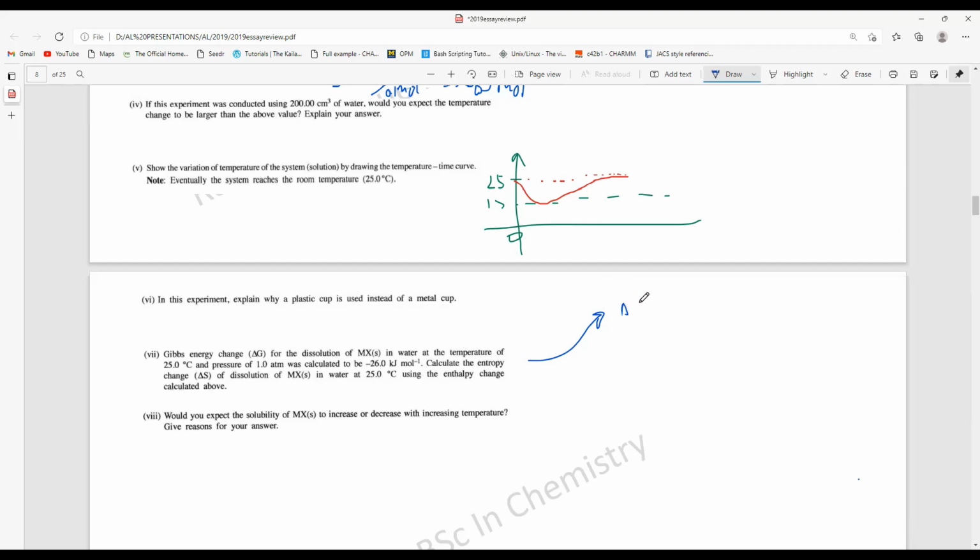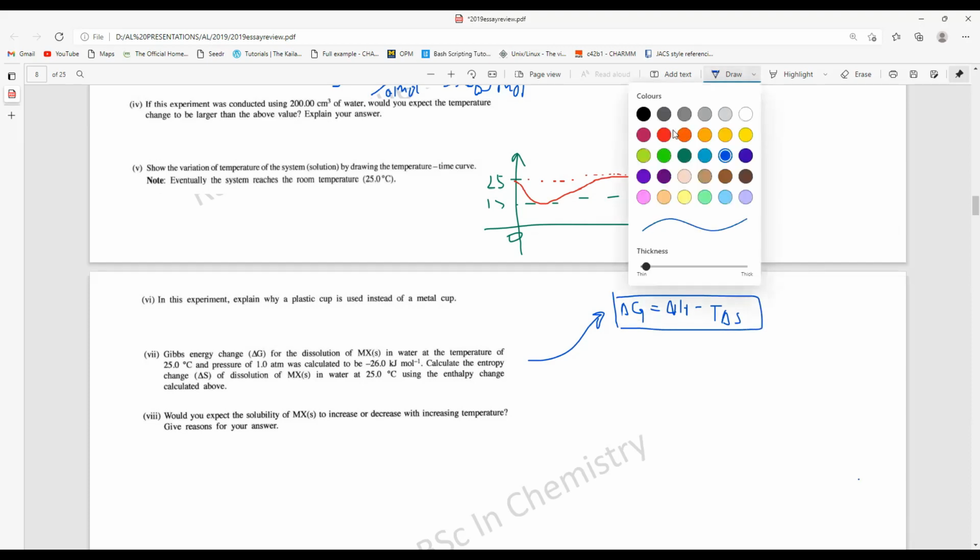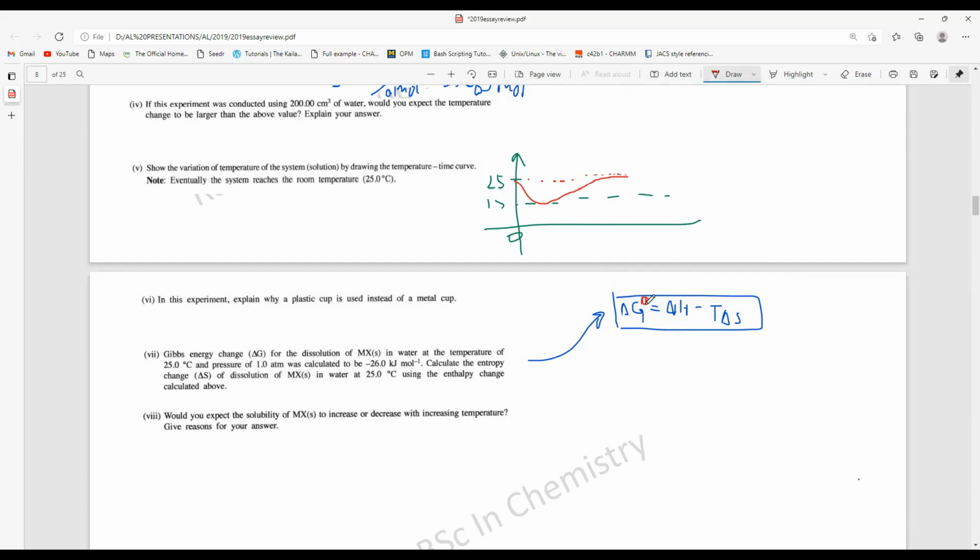The equation delta G equals delta H minus T delta S can be used here. There is no problem.